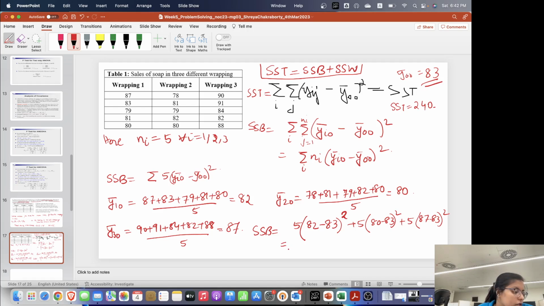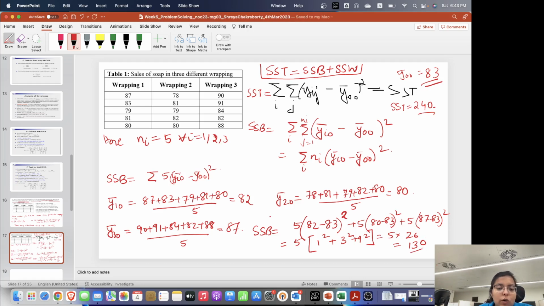So how much is it coming to? 5 into 1 square plus 3 square plus 4 square. It's 5 into 1 plus 9 plus 16, which is 26. How much is this? 130. So we have SST 240 and SSB 130.